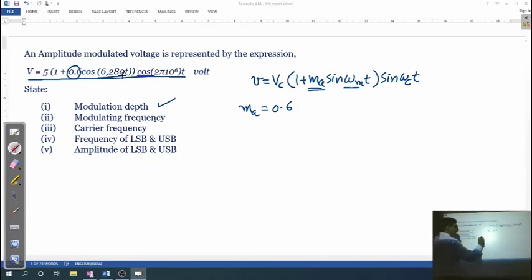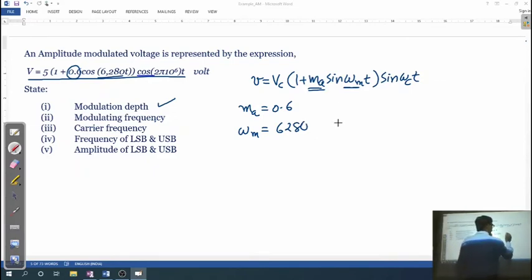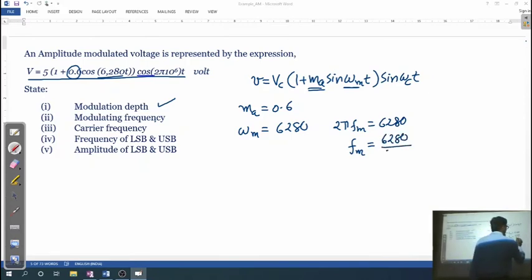So if you compare, then omega m is equal to 6280, and already you know that 2π fm is equal to 6280, and you can calculate the frequency of the modulating wave: 6280 divided by 2π, and this comes out to be 1 kilohertz. It means my modulating signal is 1 kilohertz.